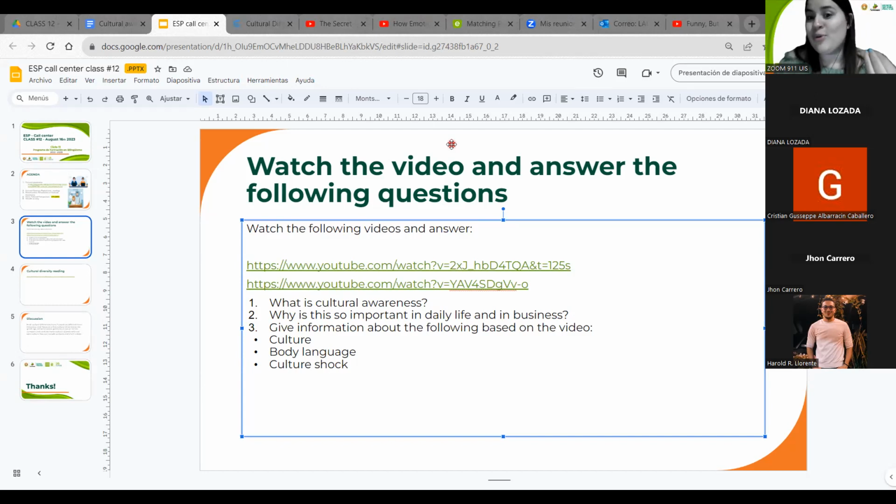So it's very important to know these differences in cultures, because we are going to face this at some point in our lives. Even if you're having contact with a person from another country because you're working in a call center, or because you get the chance to travel to another country, you're going to experience this at some point. So this is something we need to be aware of, because you guys are bilingual, right?